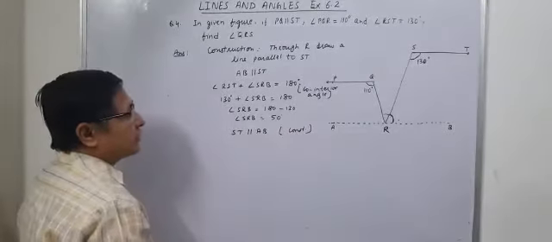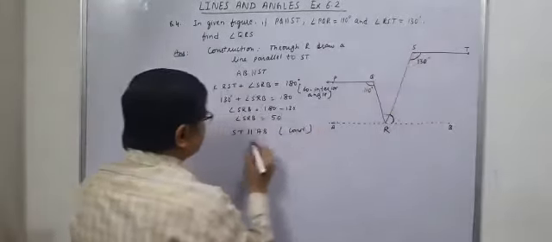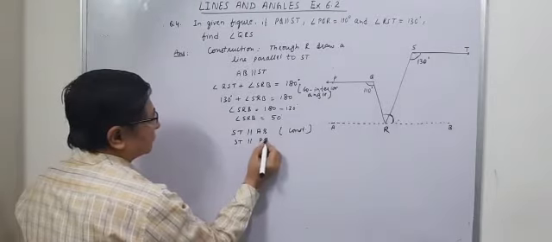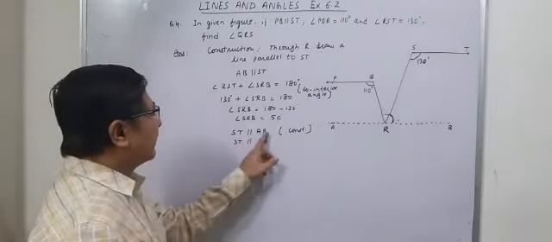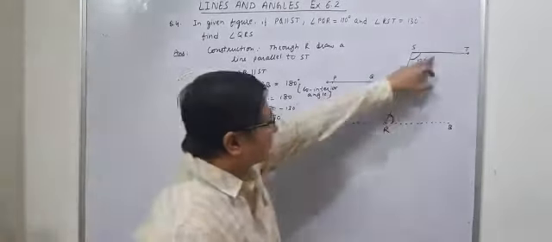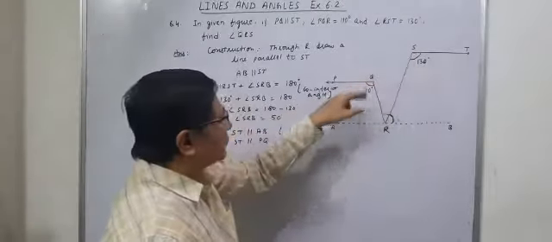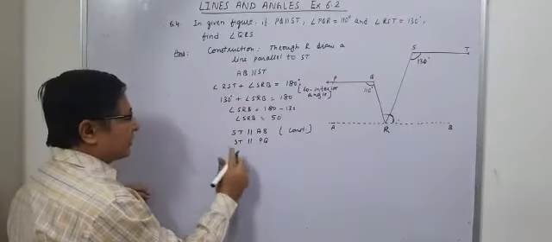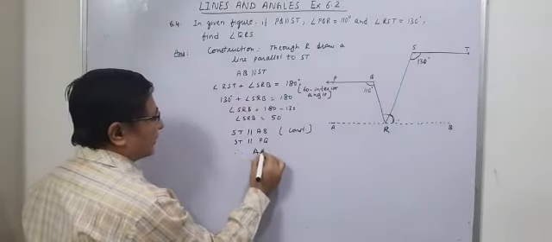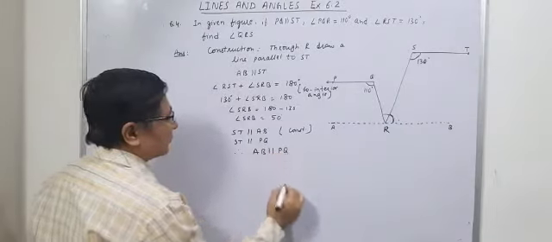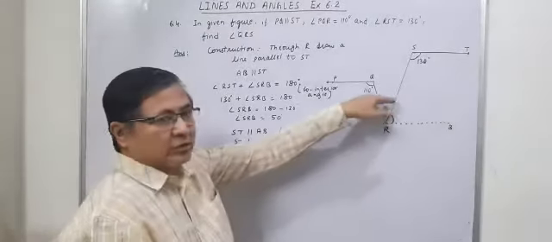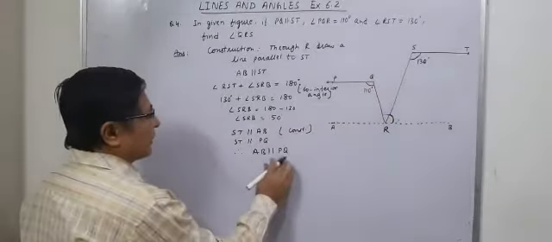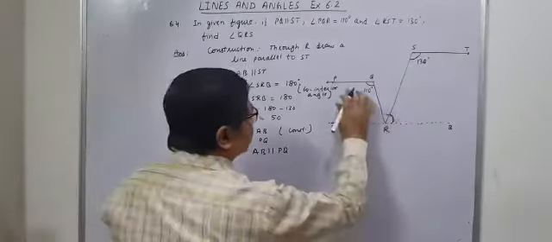And in the question, it is given that PQ is parallel to ST. So AB and PQ are both parallel to ST. Therefore, we can write AB is parallel to PQ, because lines which are parallel to the same line are also parallel to each other. Now AB and PQ are parallel.